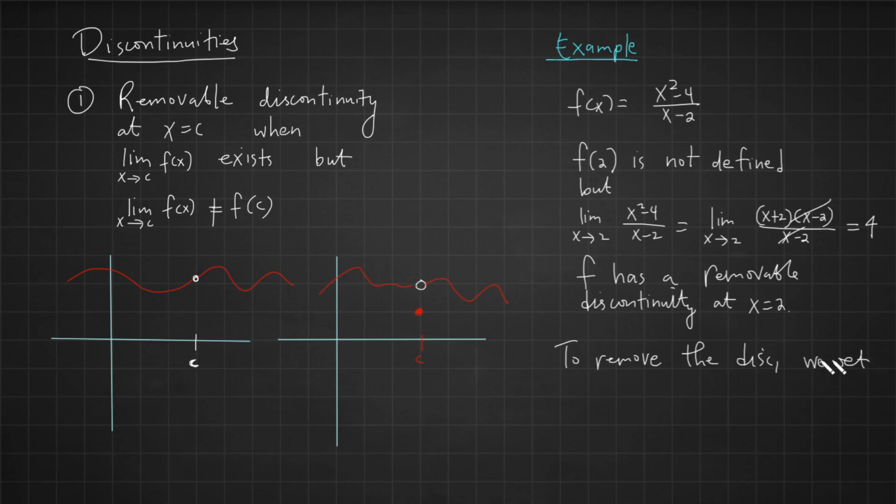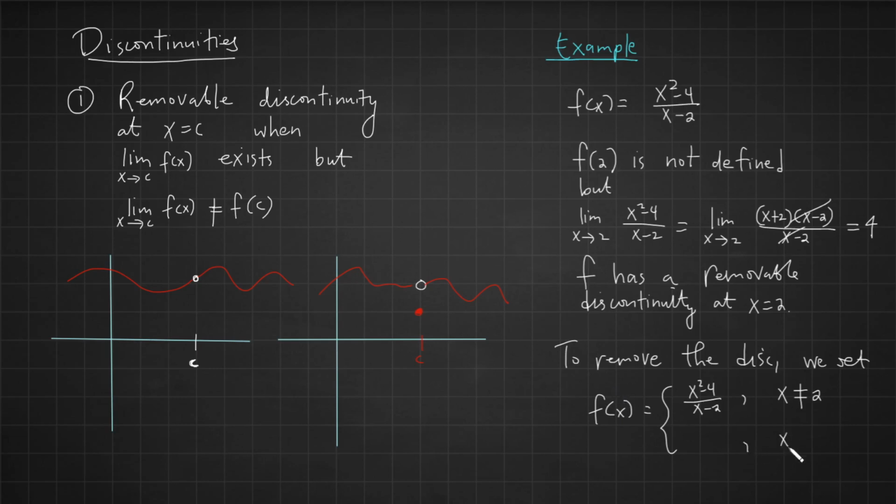Okay, so we set f of x to be equal to x squared minus 4 over x minus 2. So, hindi natin ginagalaw yung definition ng function on values where the function is continuous. So, ito yung value niya, it's still the original value when x is not equal to 2.